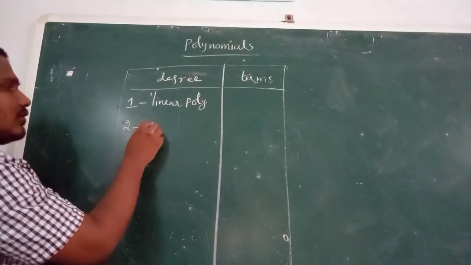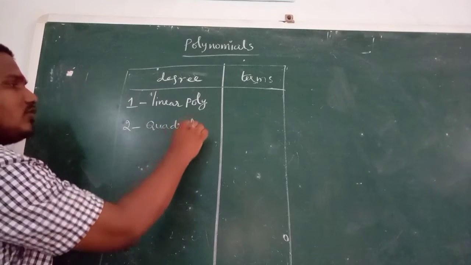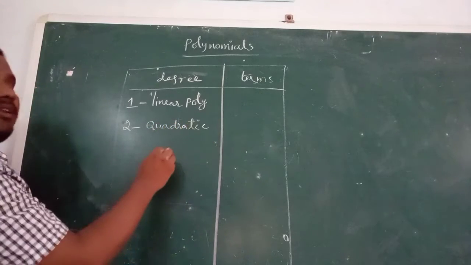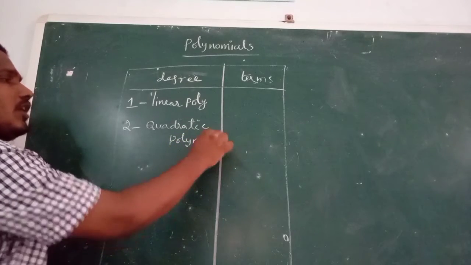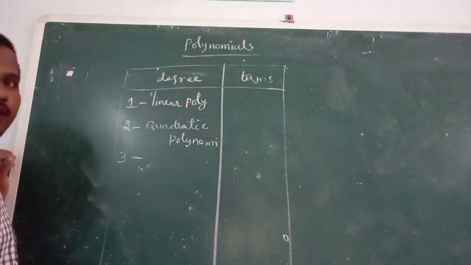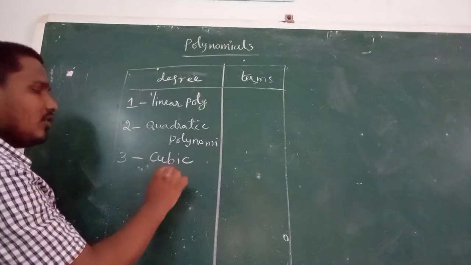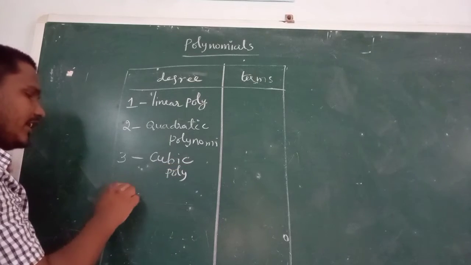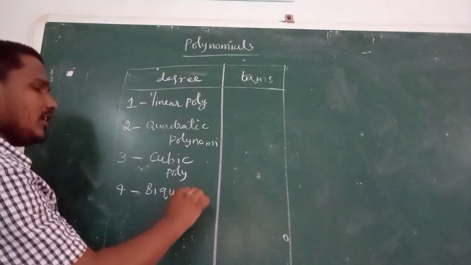If the degree is 2, then the polynomial is called a quadratic polynomial. If the degree is 3, then it is called a cubic polynomial. If the degree is 4, then it is called a biquadratic polynomial.